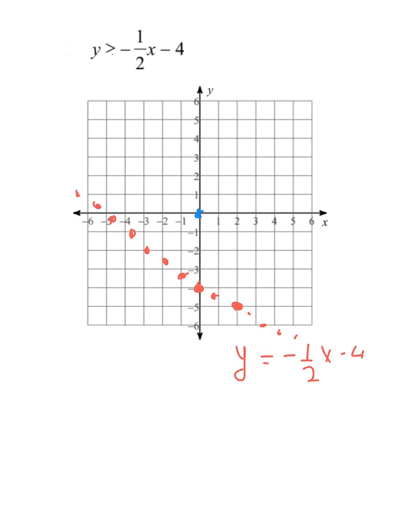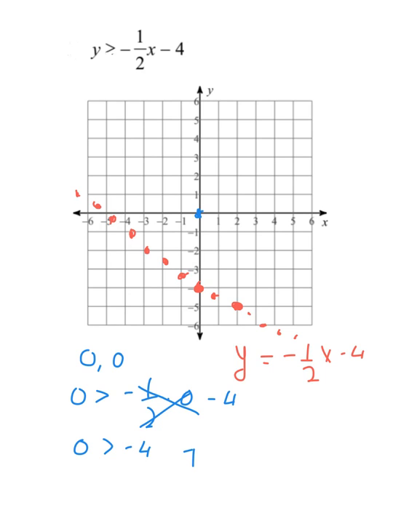So I'm going to take that ordered pair and put it into the inequality. So 0 is greater than negative 1/2 times 0 minus 4. Negative 1/2 times 0 is 0. And is 0 greater than negative 4?